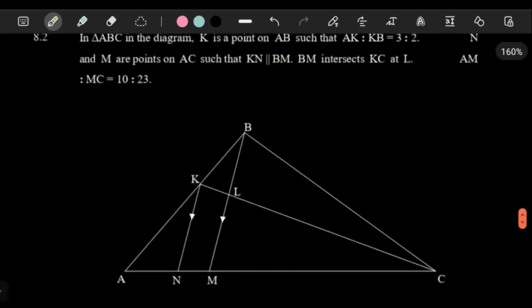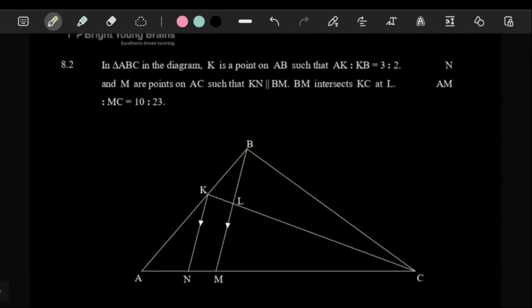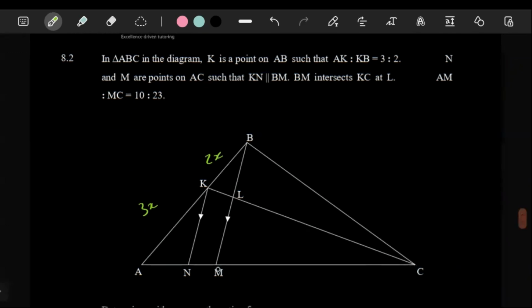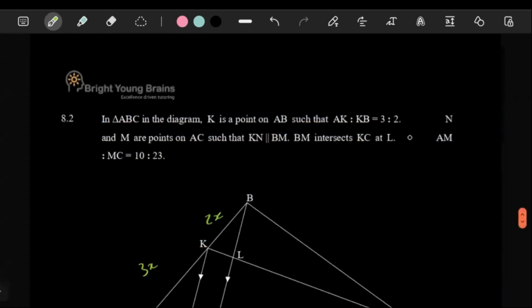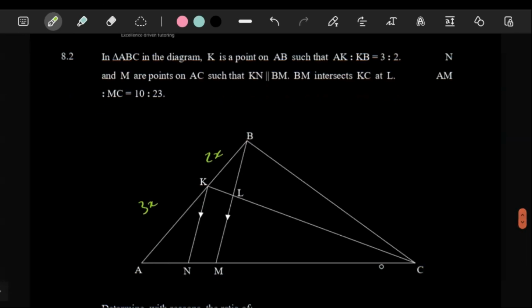So I can say 3x here, 2x there. Oh wait, it says N and M. N and M are points on AC such that these are parallel.